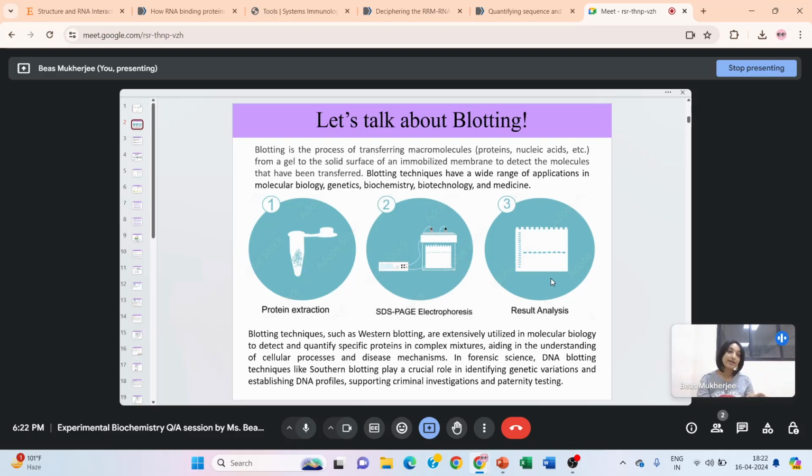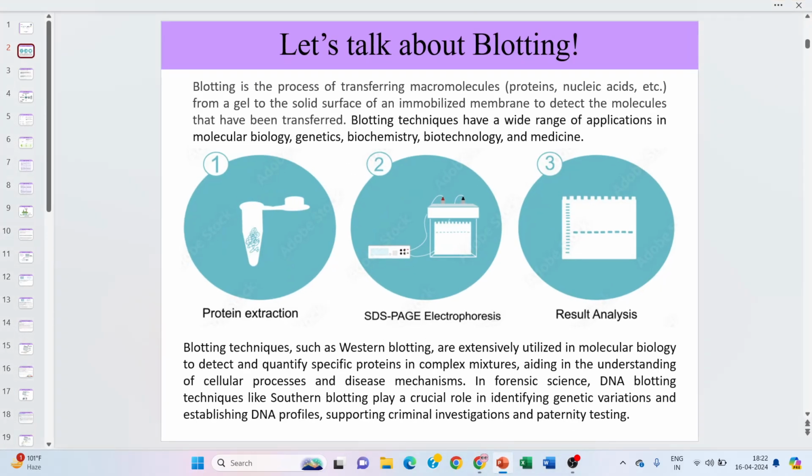For that, blotting of the DNA and then complementary binding with a probe of the complementary sequence, hybridization, is carried out to confirm whether the specific DNA sequence is present or not. Let's learn more about blotting.